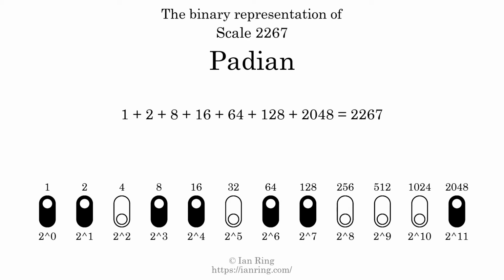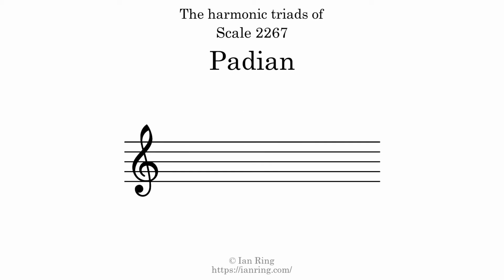That is why the scale number, in decimal, is 2267. The scale number not only enumerates the scale with a unique index, but it also literally describes the tonal content of the scale. Represented as a binary number in base 2, the scale number is 100011011011.